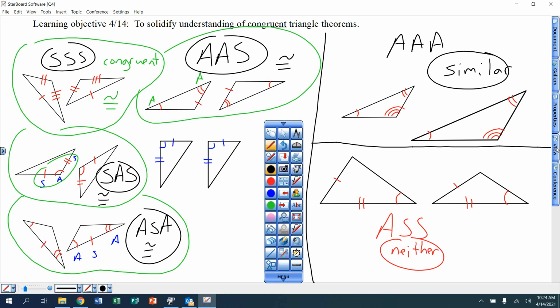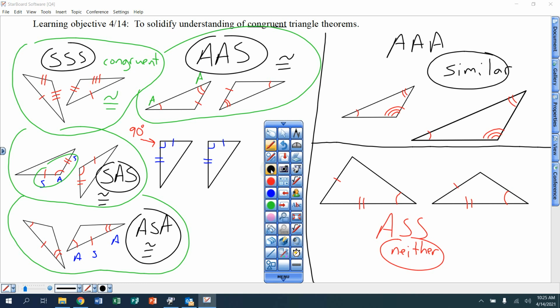All right. The other one is this right triangle one. This is the kind of oddball one out. If you have a right triangle, if some teacher has taught you that this little symbol right here represents a 90-degree angle, then all it takes is a couple legs to make it be congruent.